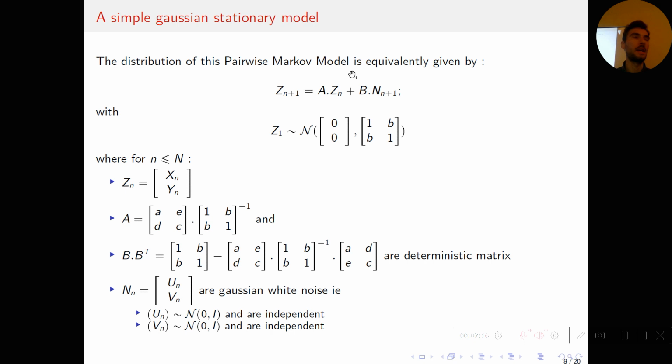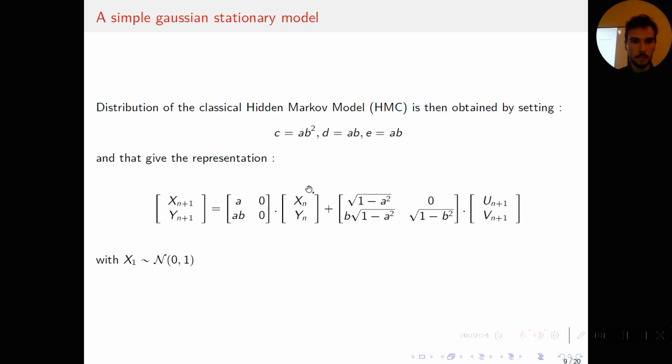The two constants A and B are deterministic matrices obtained from the values of our covariances. And as I said, since HMC is a particular case of PMC, we can find the formulation for our HMC Gaussian stationary model, taking these values for the covariances.